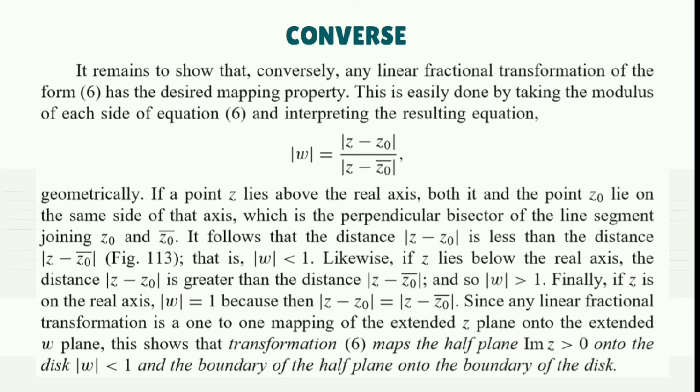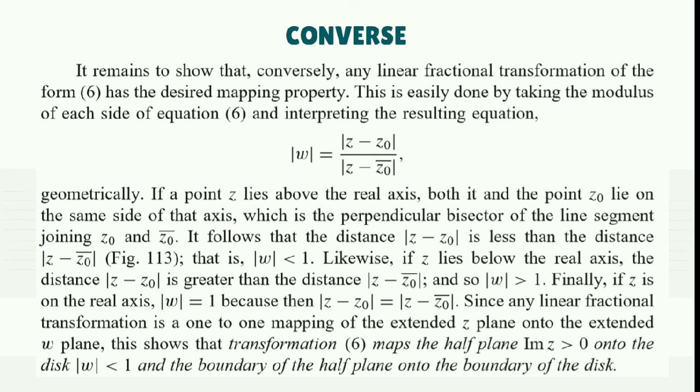This is easily done by taking the modulus of each side of equation 6 and interpreting the resulting equation. That is, we have the absolute value of w equals the absolute value of z minus z0 over the absolute value of z minus the conjugate of z0, geometrically.